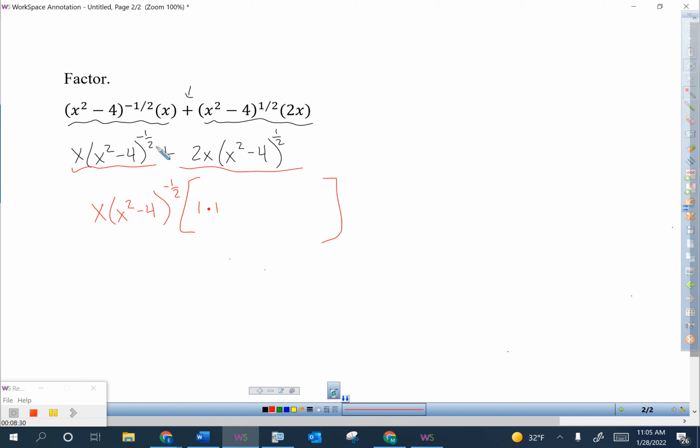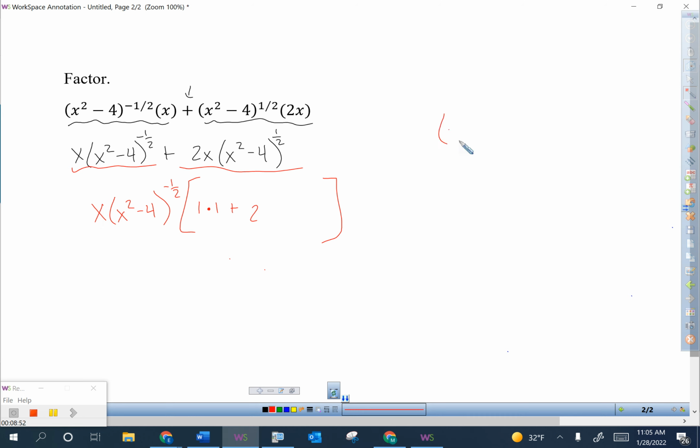We're saying this whole thing divided by this whole thing is the number 1, and you have to have it because it's being added to the second piece, not multiplied. Okay, so we've got to say plus, and then go on to the second part. 2x divided by x is 2, and then we're going to talk about this piece.